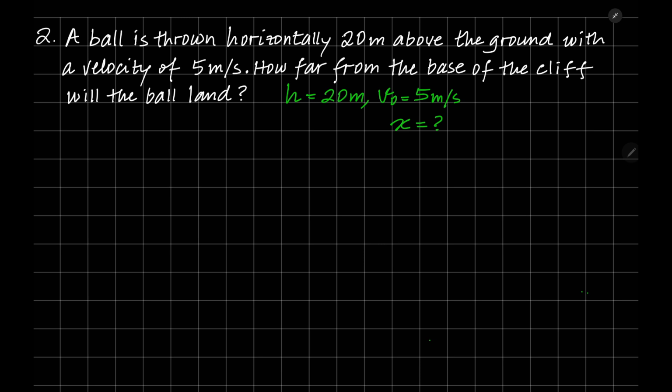Now let's draw the picture. This is the ball. V naught is equal to 5 meters per second.